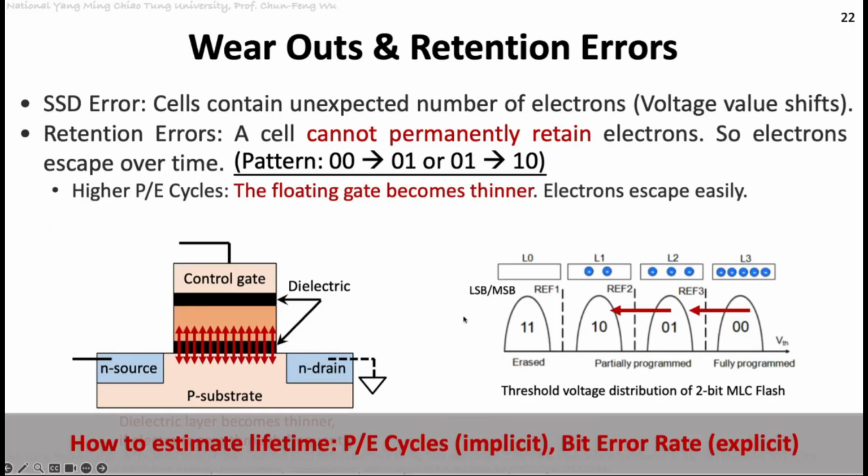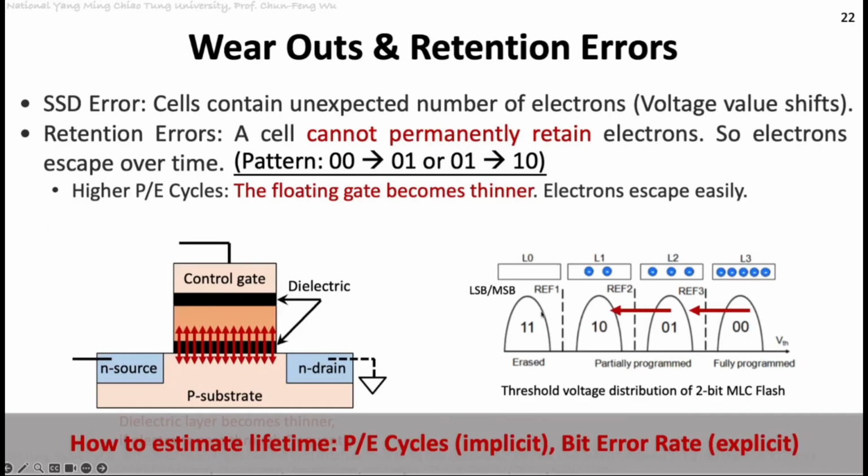We are going to store more different states inside this same voltage gap. If there are three reference values, it is possible that this L3 state slightly moves across the reference 3 line, and then it will be misread as level 2.